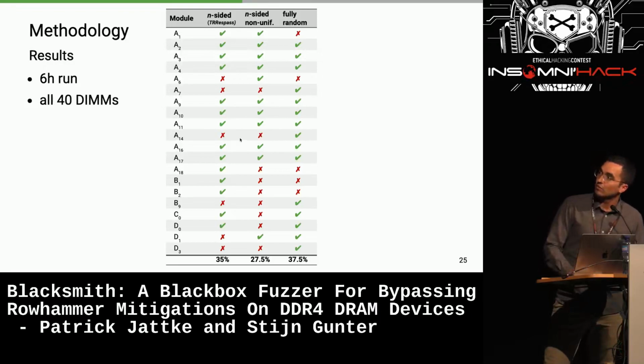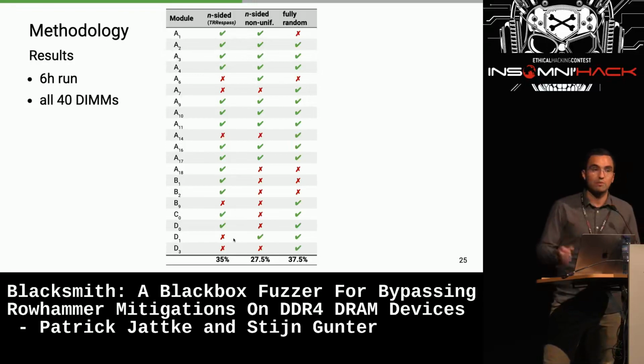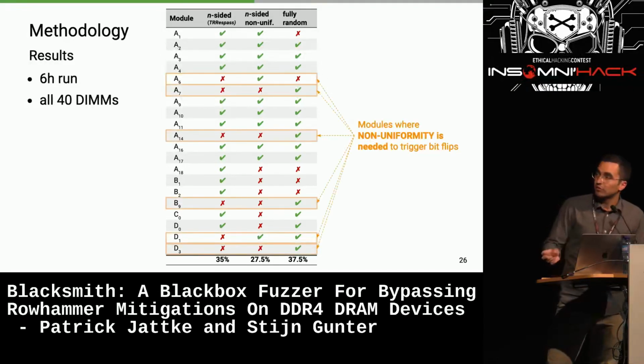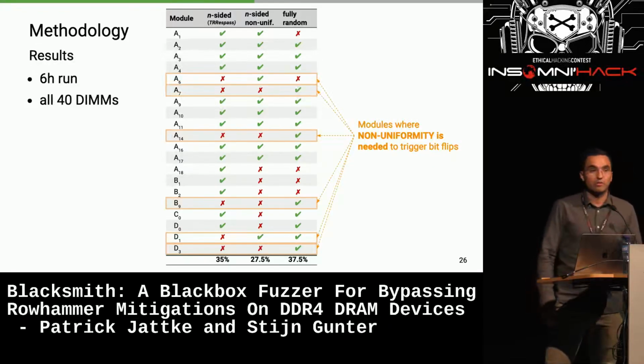In the first column, you can see the results for TRRespass, for the existing patterns that were proposed by literature before. In the middle, these n-sided patterns with a bit of non-uniformity, and in the last column, these fully random patterns. What we could observe in this experiment is that on some devices, it's really important to have this non-uniformity to bypass the mitigation.